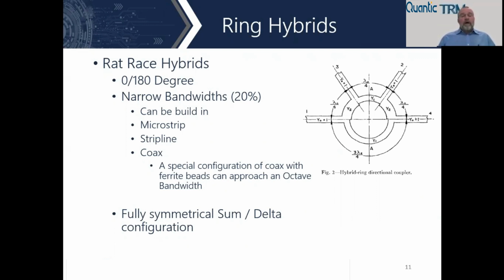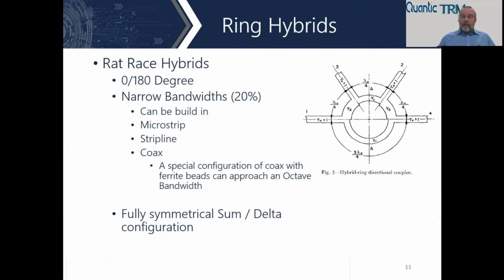This does have the drawback of being narrowband. It has about a 20% bandwidth. It can now be printed technology, so we're talking about microstrip, stripline sorts of technologies. Coax can also be used to build this.